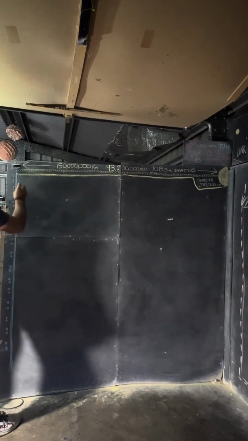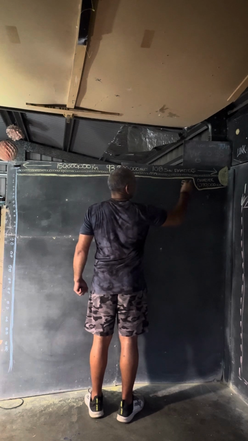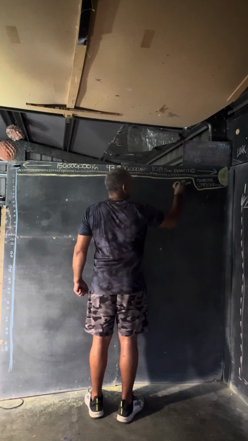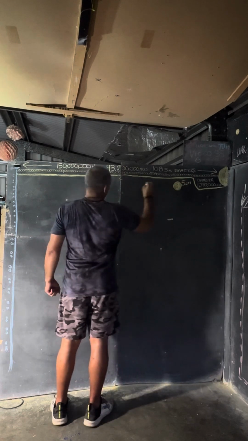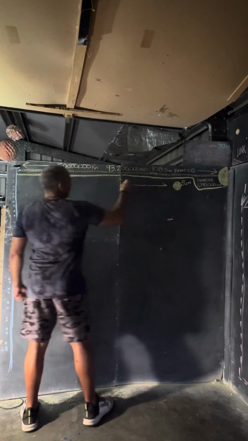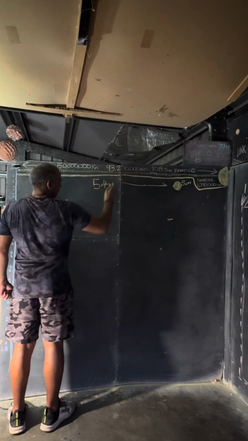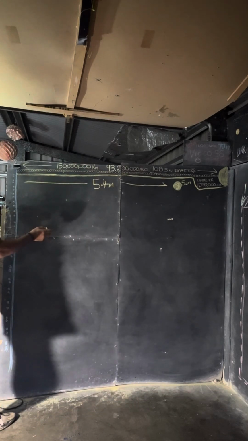So, first one, a 5cm diameter bulb, right? The distance in between is 5.4 meters, right? And Earth, it doesn't really matter about Earth.